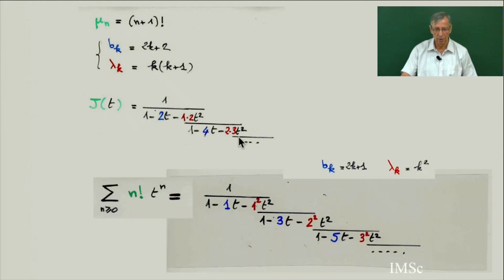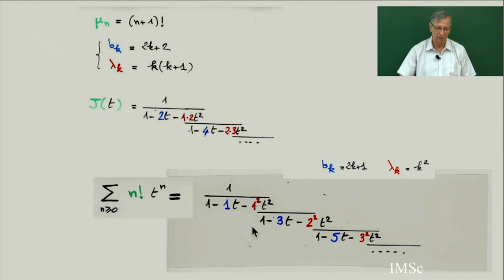In fact, there is a well-known Jacobi coefficient also for n factorial. If you shift, I will use this continued fraction also, changing (n plus 1) factorial into n factorial, and this changes the valuation. Instead of b_k equal to 2k plus 2 and lambda_k equal k(k plus 1), you get b_k equal to 2k plus 1, and lambda_k equal k squared. So we'll use both. This will be the Laguerre bijection, Laguerre history.